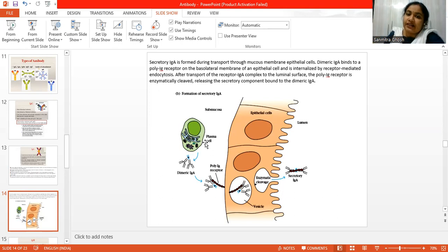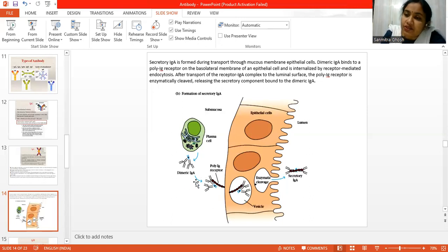So when they are secreted out from the B cell into the submucosa, the dimer of the IgA will be formed. And once this dimer of the IgA is formed with the help of this J chain in between, they will migrate towards the lining of the cell membranes. And there we have the poly-Ig receptor.